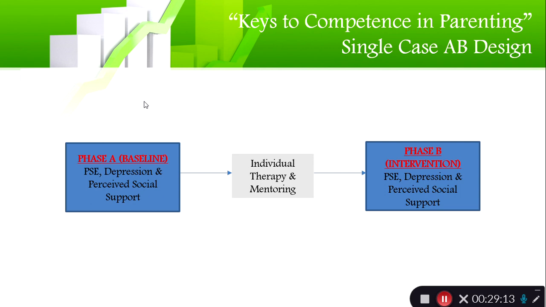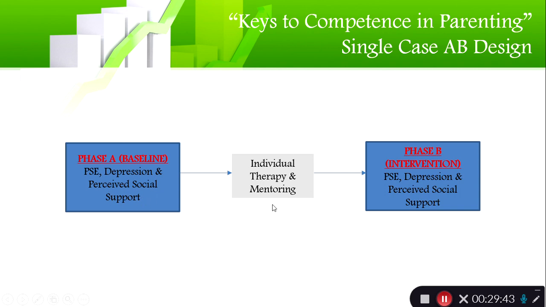And so this is just an example of how we can apply this to our case scenario that we've been talking about all semester long. So we see here that if we wanted to apply this AB design to our case scenario, what we could do with an individual client is, in our baseline phase, measure parenting self-efficacy, depression, and perceived social support.